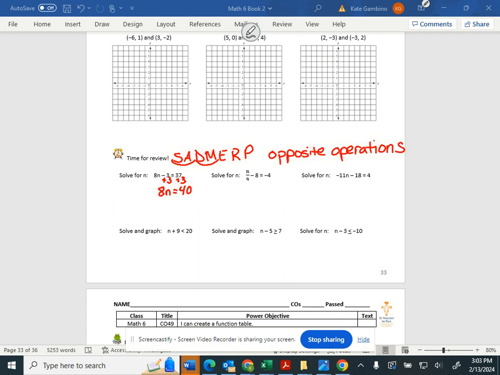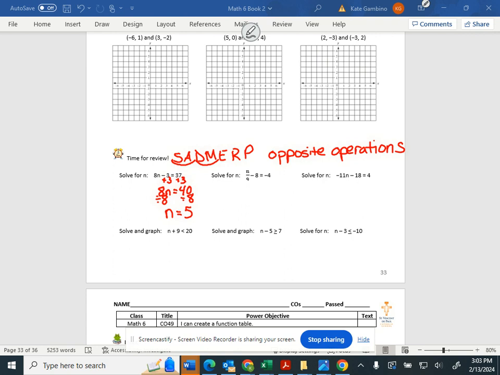Now I have 8 times n, so I want to divide by 8 on both sides, because I want to do the opposite operation. 8 divided by 8 is 1, so I can just put n, because 1 times n would still just be n. 40 divided by 8 is 5. So I get n equals 5.